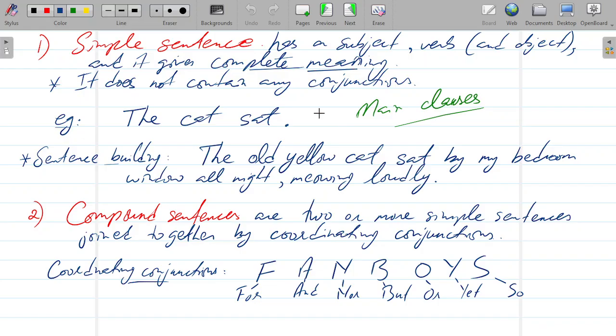But if it doesn't have a coordinating or subordinating conjunction, you can add details with adverbs and adjectives and prepositions, but it will still be a simple sentence. Then compound sentences are two simple sentences joined together using coordinating conjunctions. There's an acronym, FANBOYS, for that.